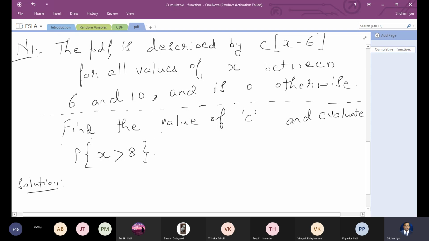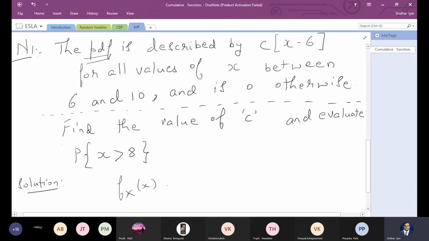If you see the statement on top of the dotted line, the information given to us is that there is a PDF. So I know that I have to deal with fX of x. This is the first information that I have. If we don't understand that, we'll not be able to write this information mathematically. So the PDF is described. Now, how is this PDF described?